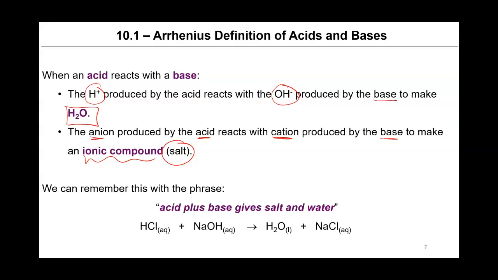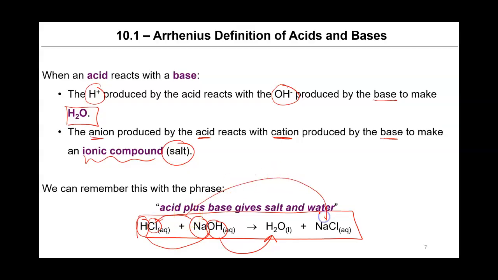So we can remember this with the following phrase: acid plus base gives salt and water. So this reaction at the bottom here illustrates that. The H+ from the acid combines with the OH- from the base to make water. The cation from the base combines with the anion from the acid to give an ionic compound, or a salt.